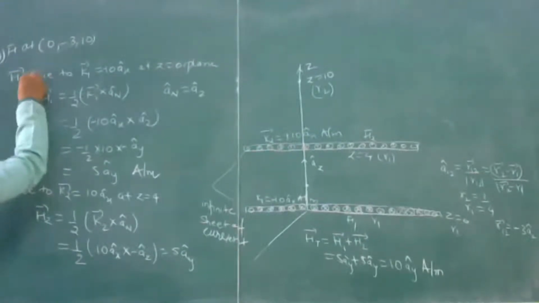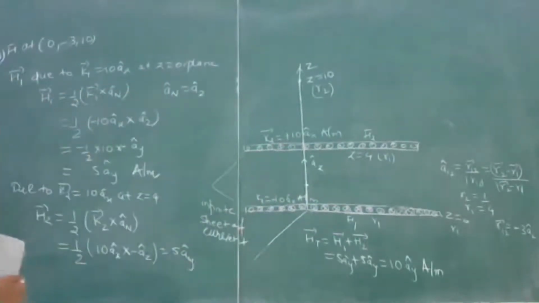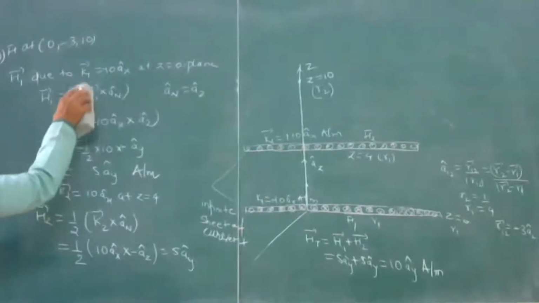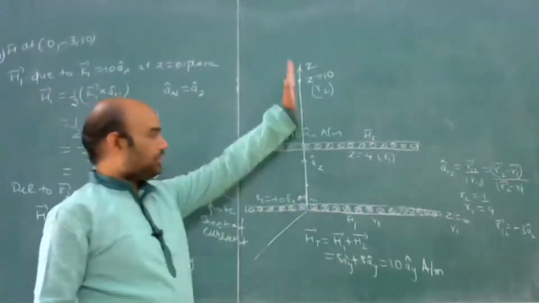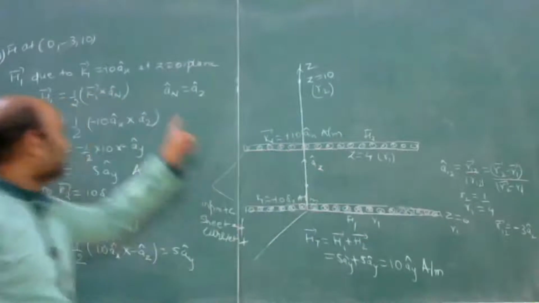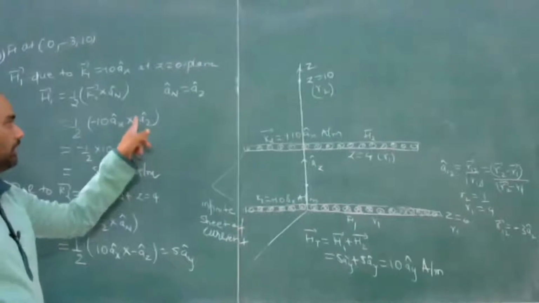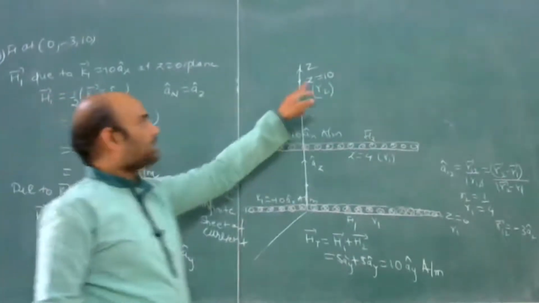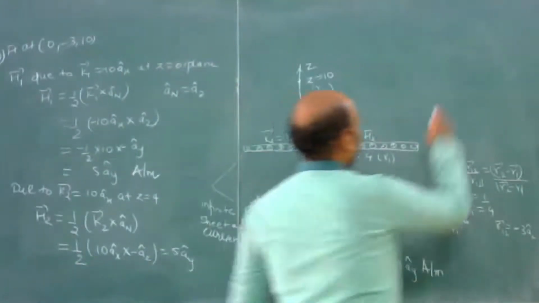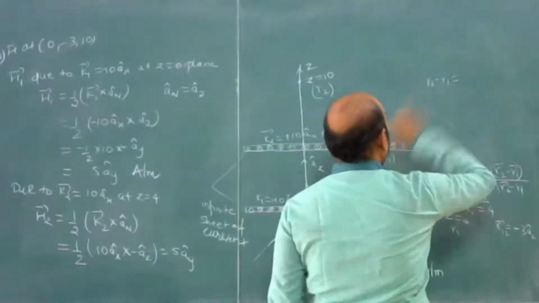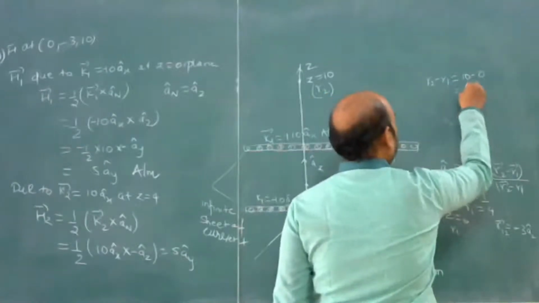So H1 due to K1, which is Ax at the z equal to 0 plane, is half K1 cross An. Since the sheet is along the z equals constant plane, An will be Az. Now we have to consider its sign. R2 is 10 and R1 is 0, so R2 minus R1 is 10 minus 0, which gives plus 10.